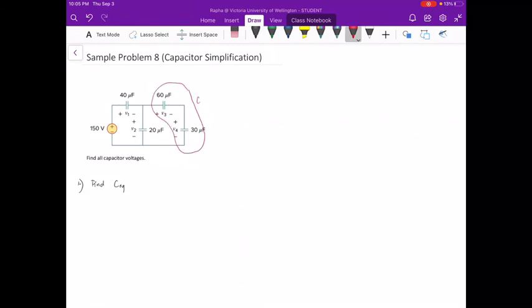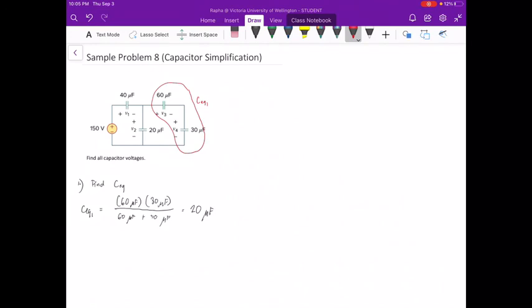This will be our CEQ1, and CEQ1 is equal to the parallel sum of these two capacitors. We have 60 microfarad times 30 microfarad over 60 plus 30, and their parallel sum is equal to 20 microfarads.